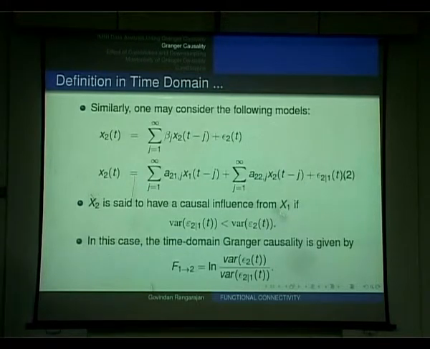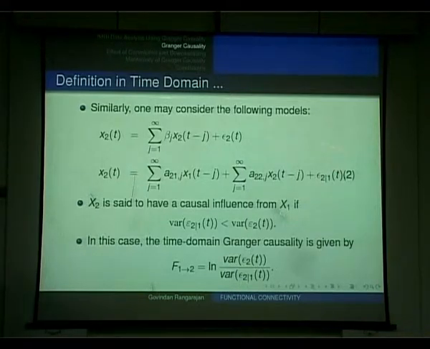You can do a similar procedure for looking at causality from 1 to 2. That is, you try to predict the current value of x2 using the past of x2 alone, and you get some error epsilon 2. Then you try to predict the current value of x2 using not only the past of x2 but also the past of x1, and you get another error.